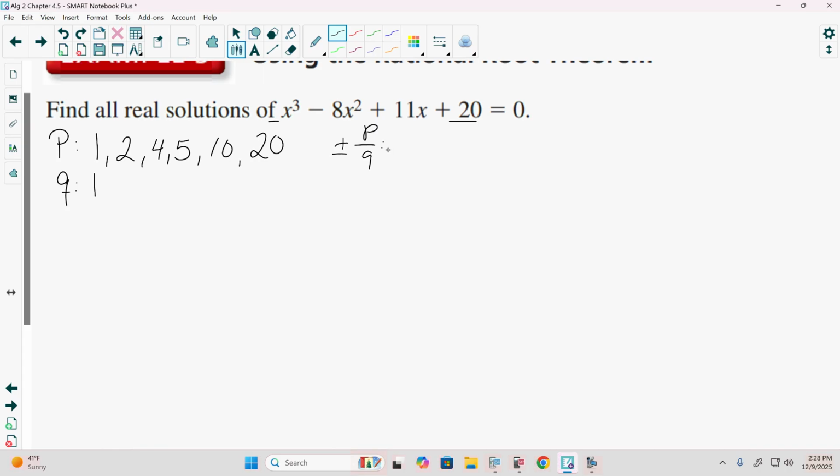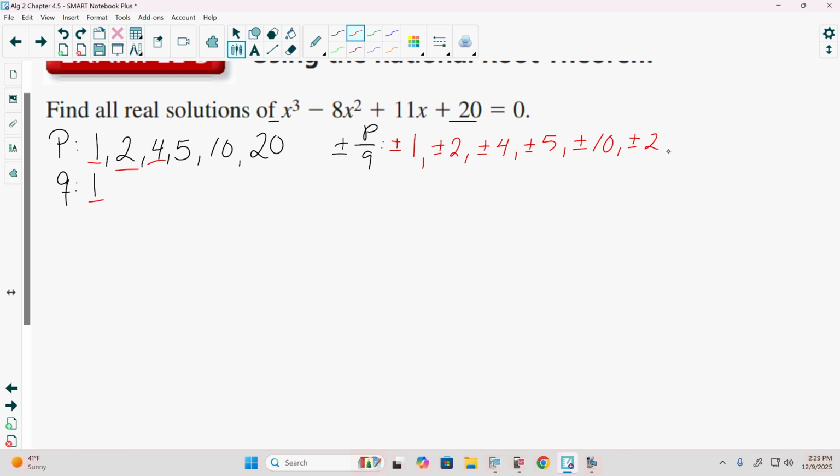Now what we're going to do is take each value of P and divide it by each value of Q. I always start this one at a time, so I'm going to start with the first value of Q and divide every P by it. And we have to put plus or minus in front. So our first one would be 1 divided by 1, which is 1. 2 divided by 1. 4 divided by 1. 5 divided by 1. 10 divided by 1.